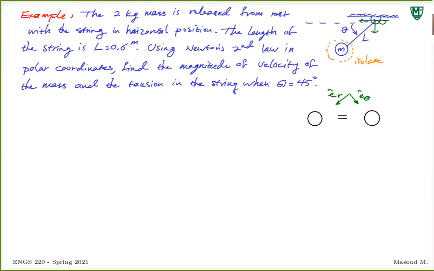I have the weight and tension, exactly. 45 degrees upward, exactly. So I'll put it here, 45 degrees upward this way, tension, and we have the weight downward. That's T. That's mg.